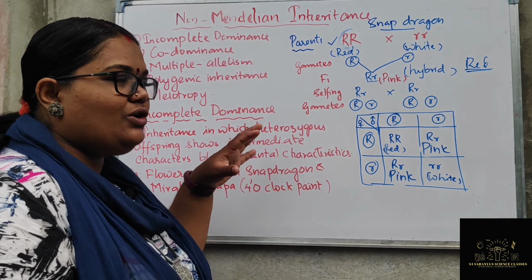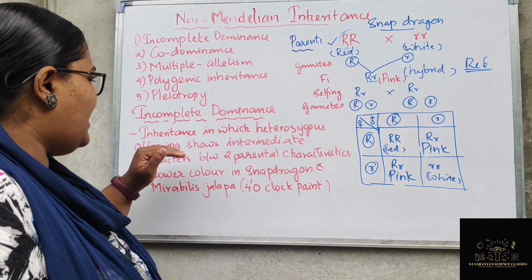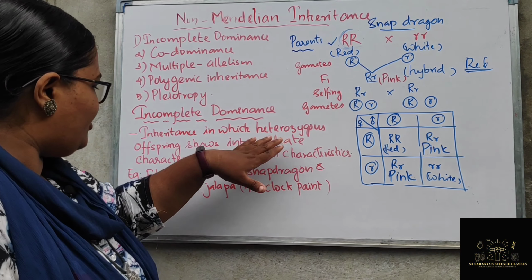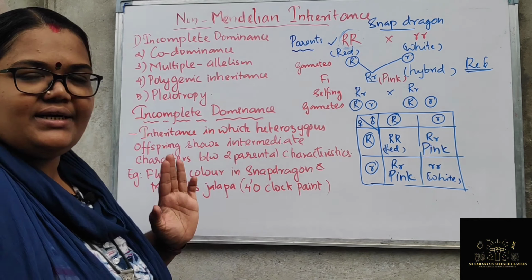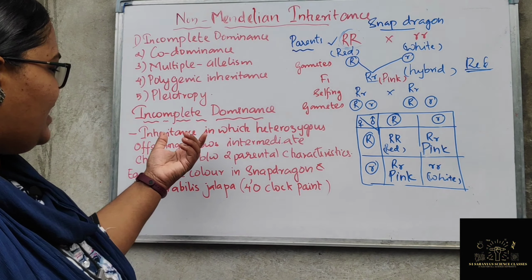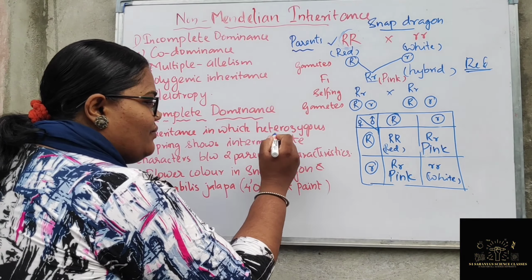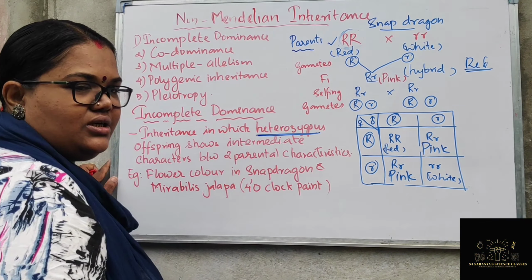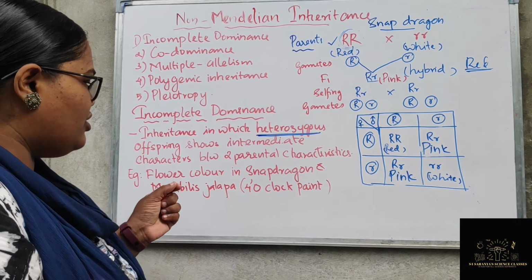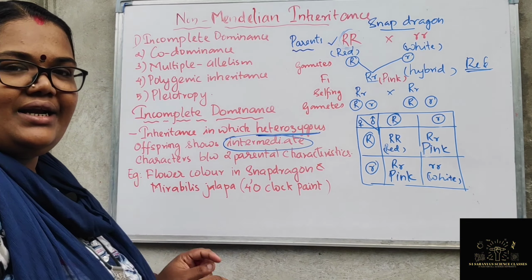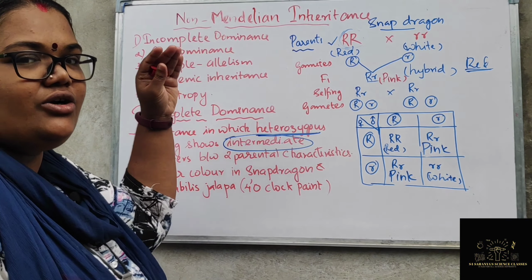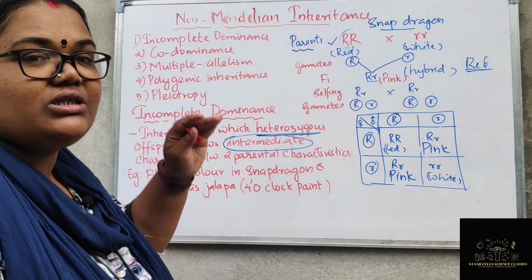So from here, if you are going for the definition, we can say that it is the inheritance in which heterozygous offsprings show an intermediate character between two parental characteristics, right? It will show the intermediate character, not the dominant one, neither the dominant one nor the recessive one.